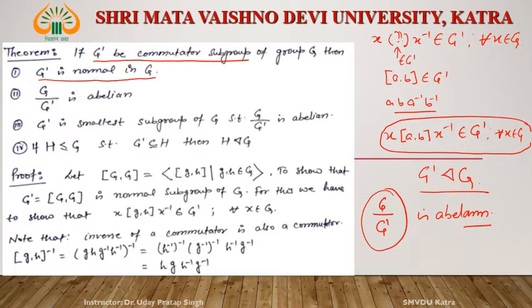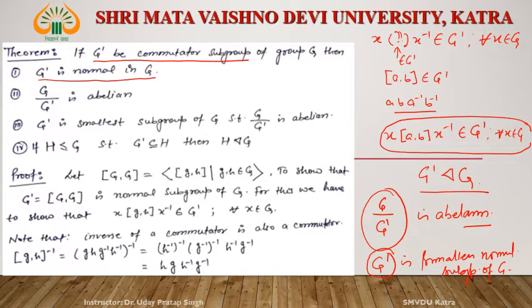The third property says that G prime is the smallest normal subgroup of G.